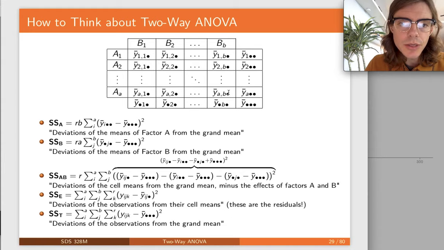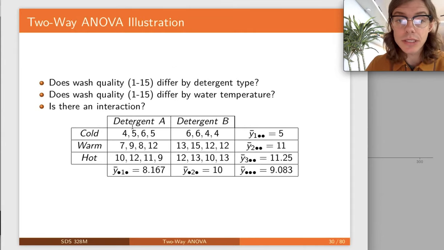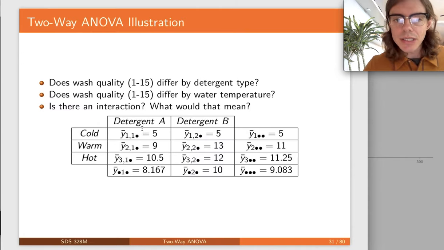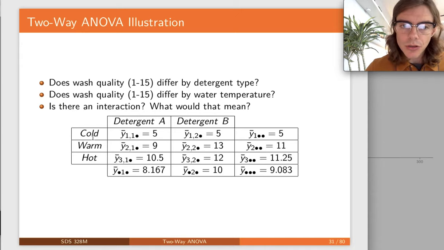So here's a way of showing cell means. If you average across everybody in each cell, you get the average for each cell. In our example, we can average these wash quality or cleanness ratings for each cell. For example, detergent A when it's cold had an average cleanness rating of 5. Detergent B when it's cold also had an average of 5.